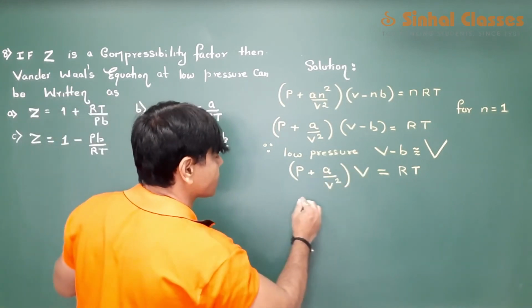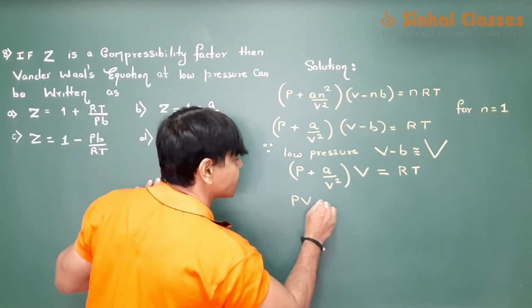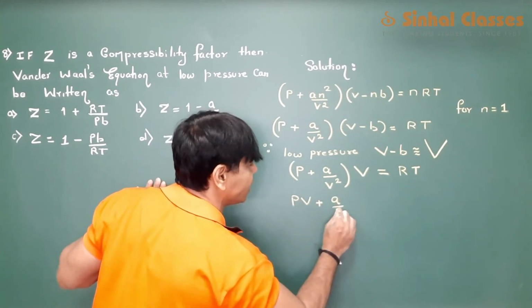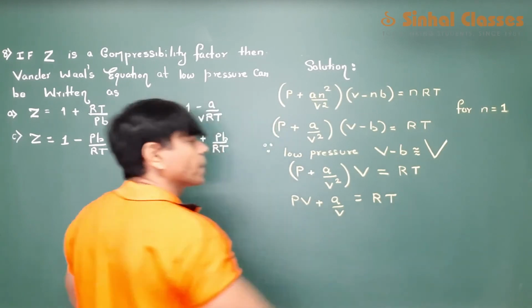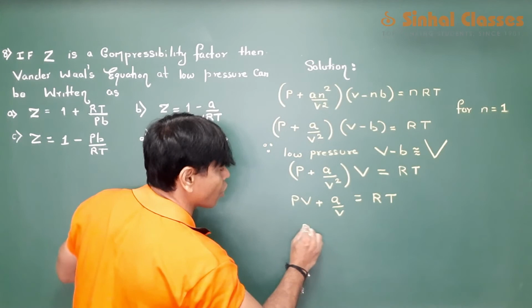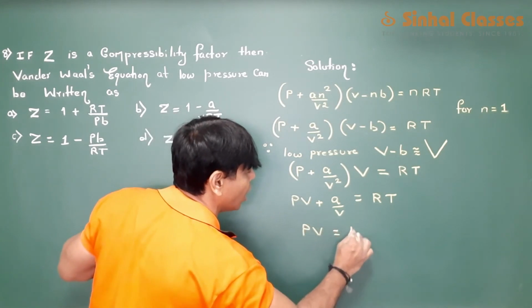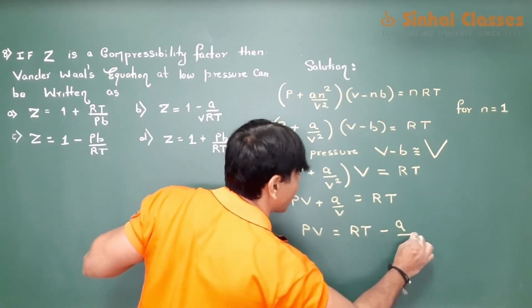Now open this bracket. So it will be PV plus A by V equal to RT. Now take this on the other side. So PV will be equal to RT minus A by V.